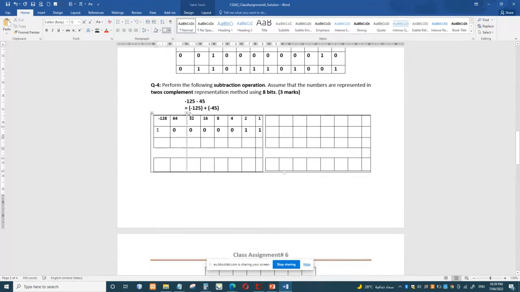Because we are not representing plus 125, then flipping it and adding 1 to get minus 125. We are representing minus 125 directly. We have taken the negative positional value, minus 128, then added 3 to it, so it becomes minus 125. The same way we can take the positional values for the next one and directly get their representation.